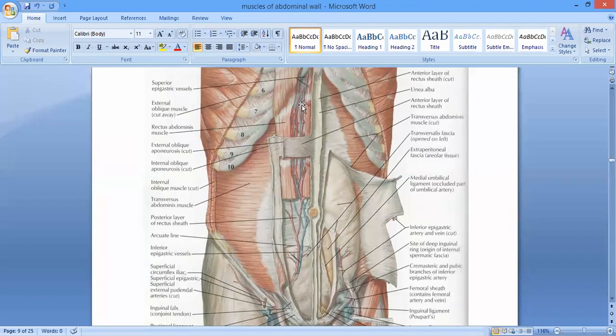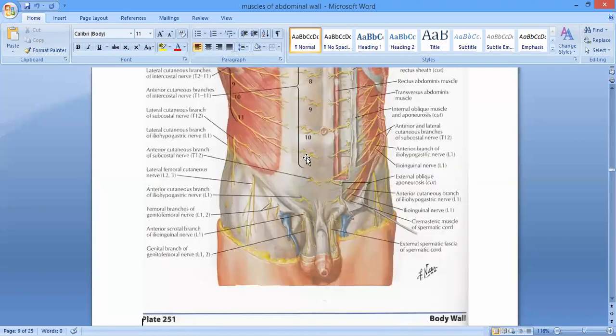It's going to enter over here, the superior epigastric vessels, and of course here you can see the inferior epigastric vessels. So the contents: we have got the rectus abdominis muscle and pyramidalis muscle in the midline, and then the superior epigastric vessels and the inferior epigastric vessels.